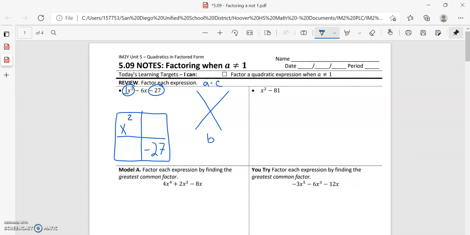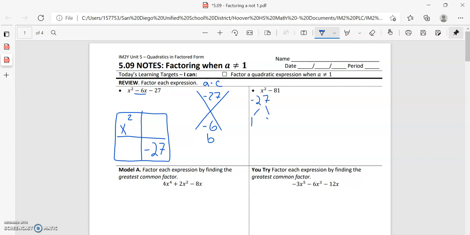So our A is 1, our C is -27. So A times C would equal -27. And in our bottom down here is our B value, which is just -6.